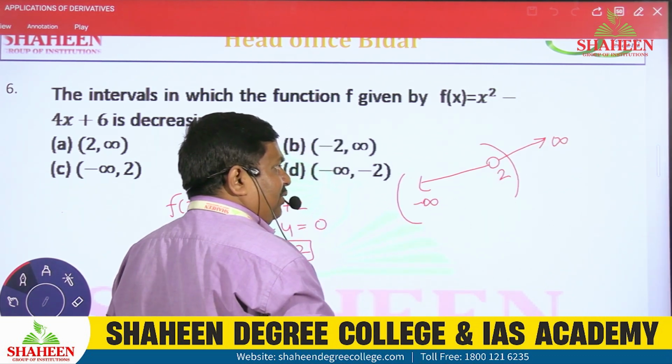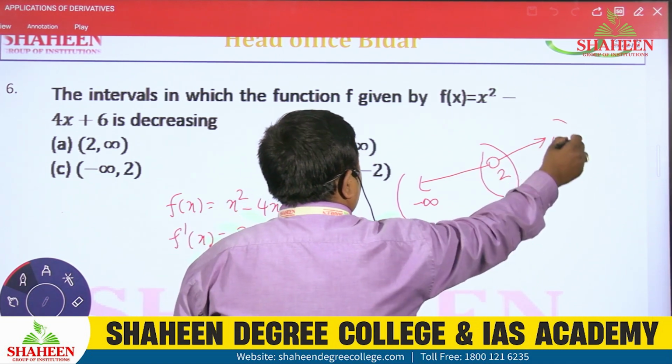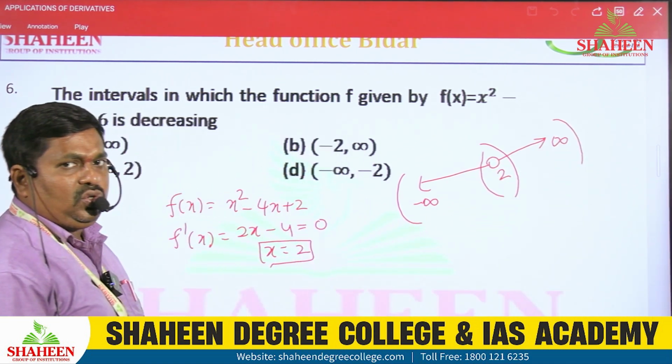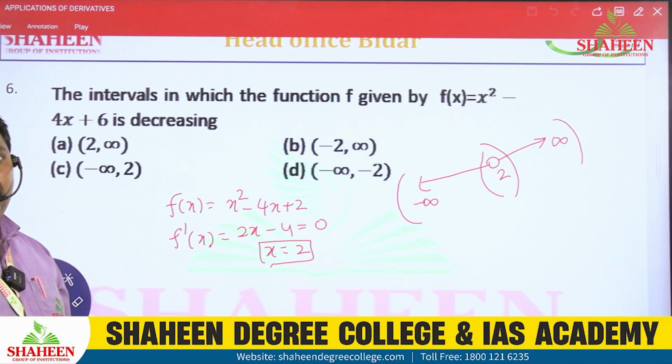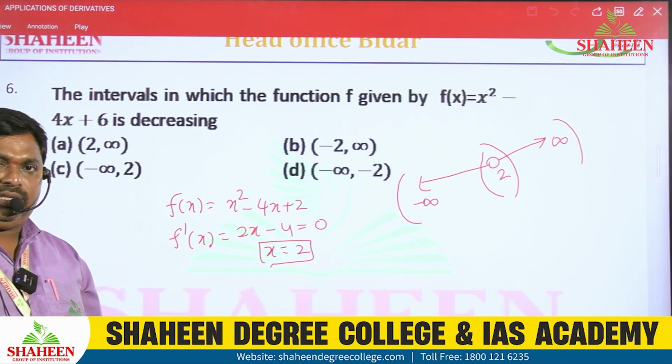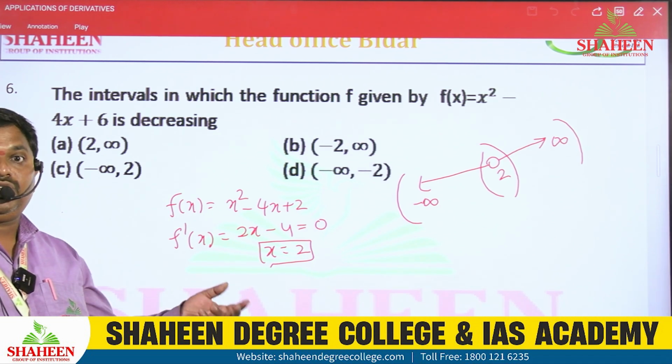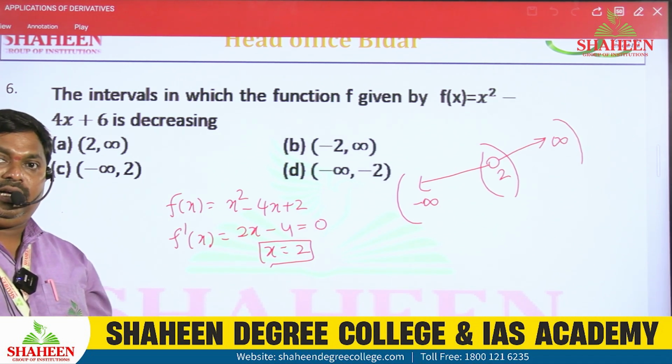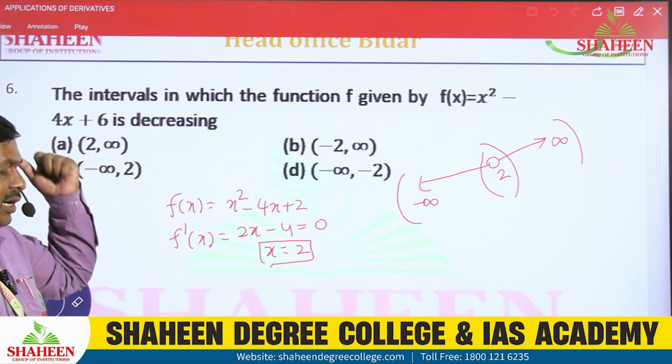One is minus infinity to 2 and the second one is 2 to infinity. In one interval the given function is increasing, in the other it is decreasing. So we have to check in which interval it is increasing or decreasing.